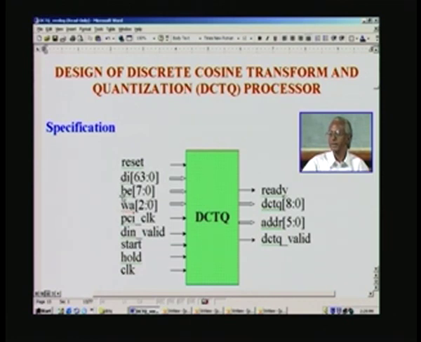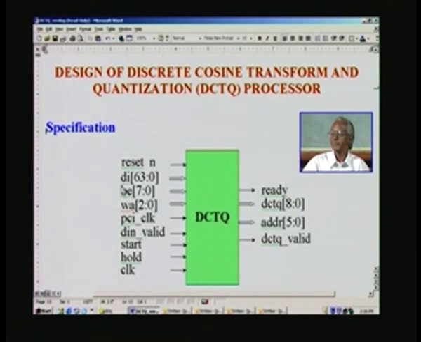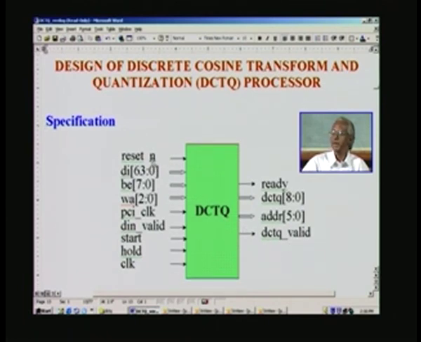For example, BE stands for byte enable. There are 8 bytes here, and to enable a particular byte you need a signal here. These are all basically PCI signals. And if you have a core, naturally you need to reset it at any point of time, so what we have here is reset_n, which is standard in all the designs we have seen earlier.